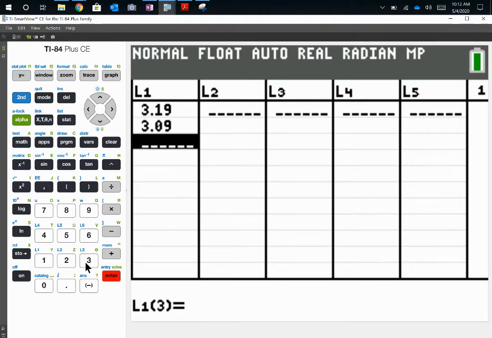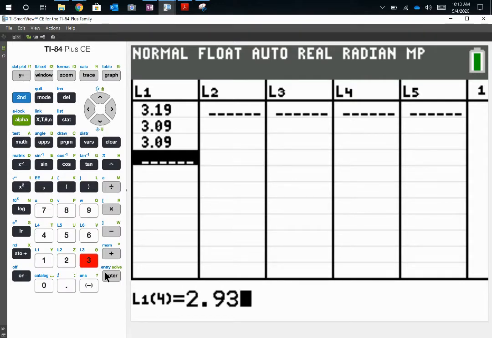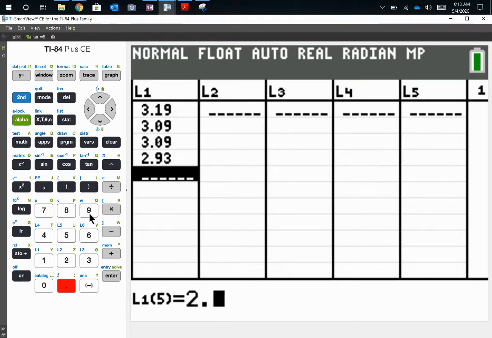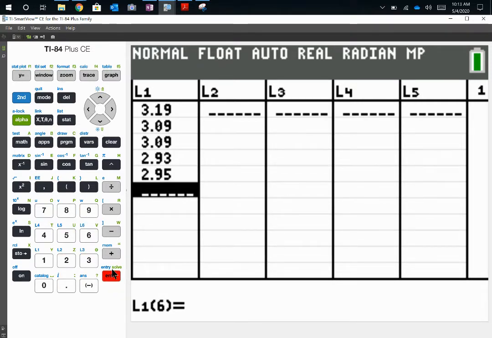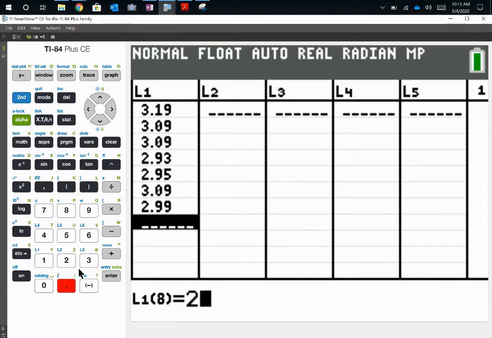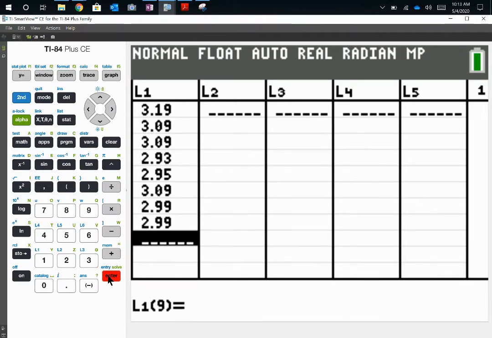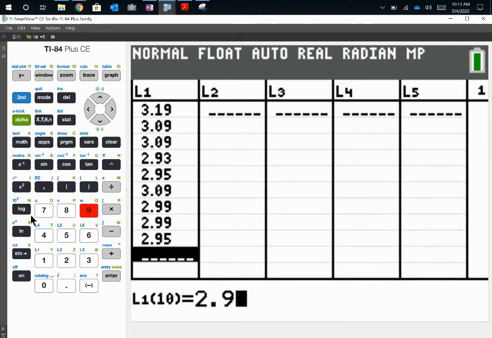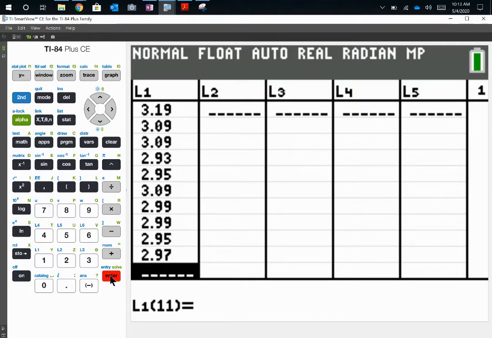I'm entering all of the data, 3.09, enter, 2.93, enter, 2.95, enter, 3.09, enter, 2.99, enter, 2.99, enter, 2.95, enter, and 2.97, enter. So it seems I have my 10 numbers in there.